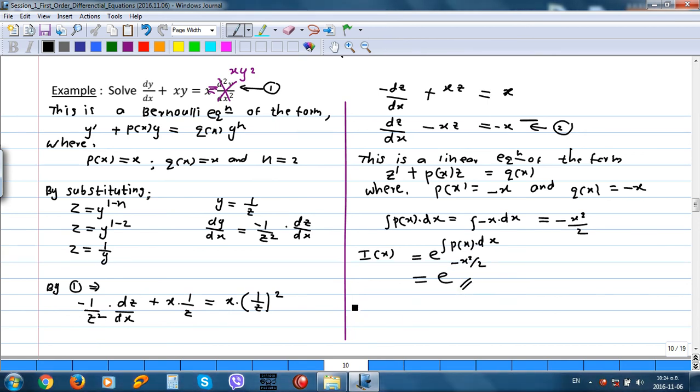Then we have to multiply both sides by the integrating factor.